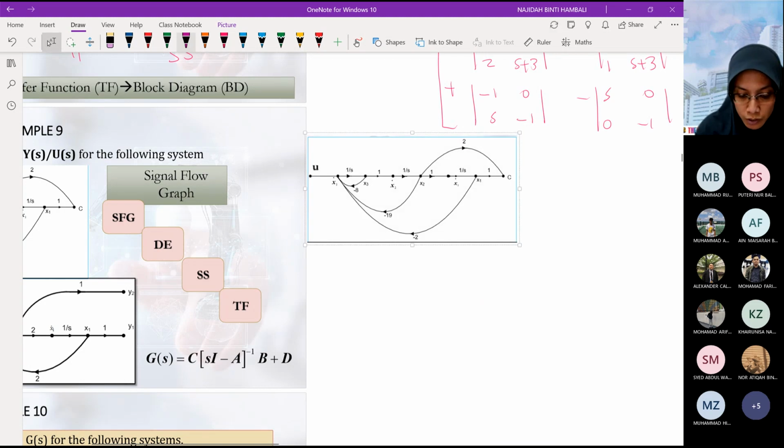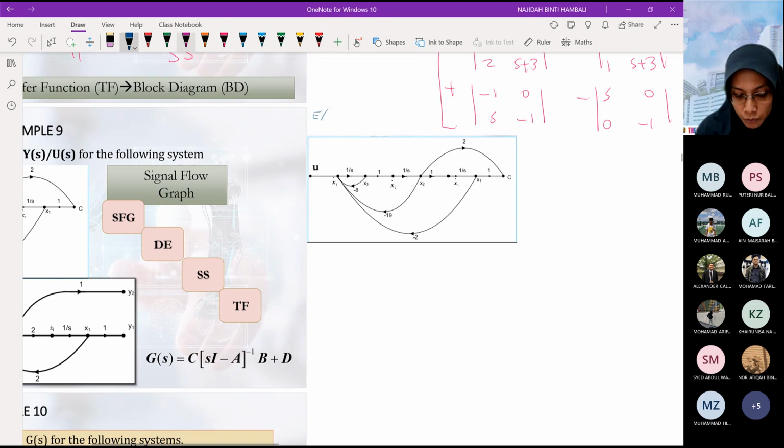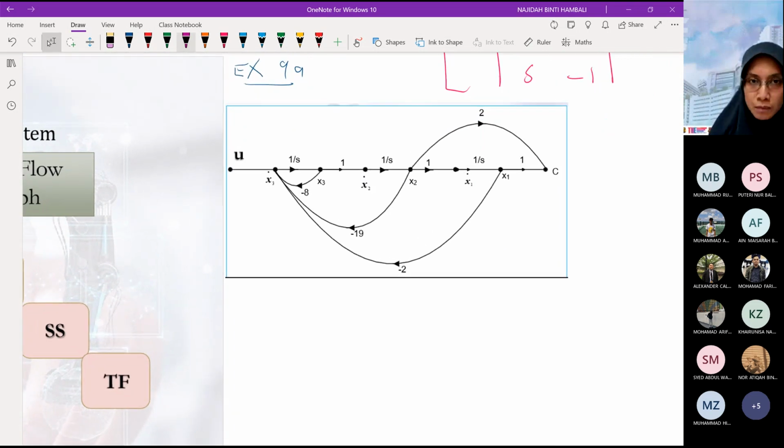Make sure you extract the information correctly from the signal flow graph. Do not miss any information in constructing the state space equation. So this one is a SISO system, single input U and single output C. On the most left is your input. On the most right, C is your output.